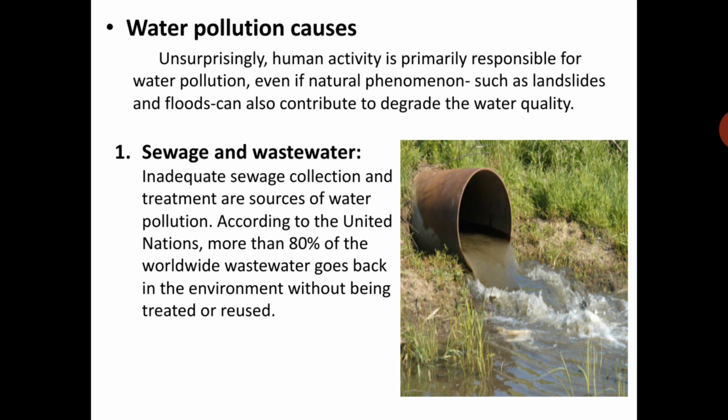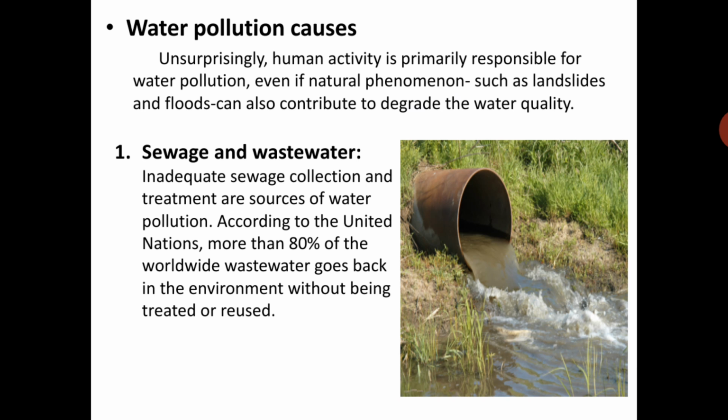So, water pollution causes: how does water pollution occur? Unsurprisingly, human activity is primarily responsible for water pollution, even if natural phenomena such as landslides and floods can also contribute to degrading the water quality. Sewage and wastewater: the first cause of water pollution is sewage and wastewater.